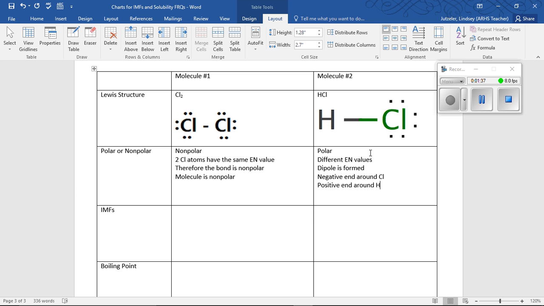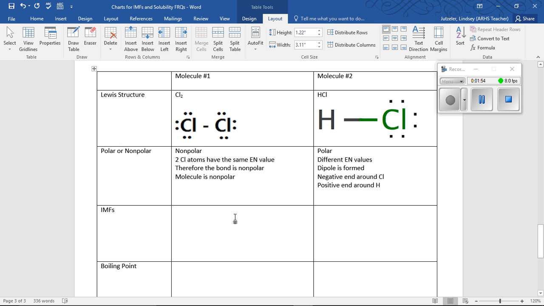So the IMFs, because I've got to talk about why the boiling points are different. Again, this is not a solubility question in part D. This is a boiling point question, and why are the boiling points different?